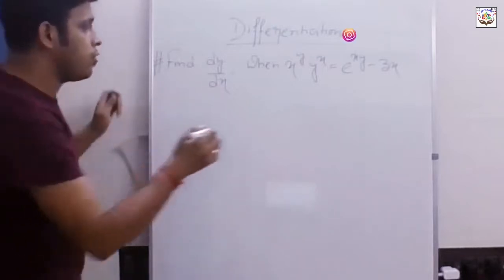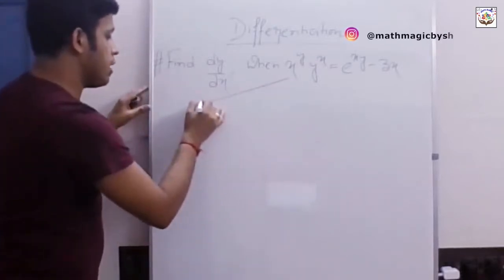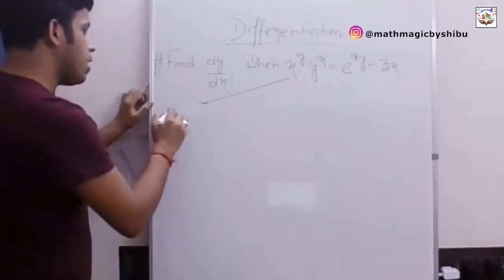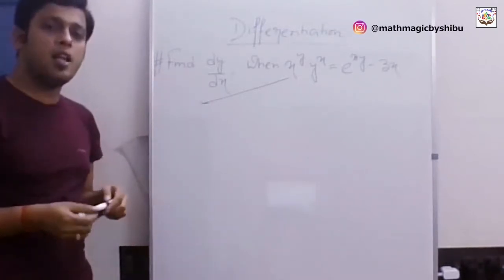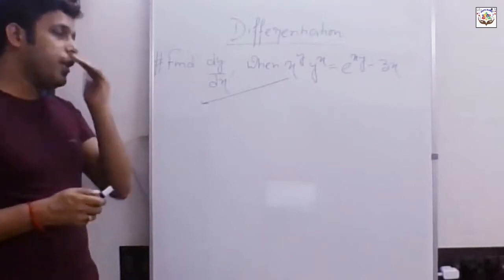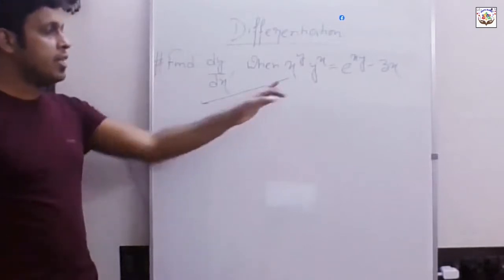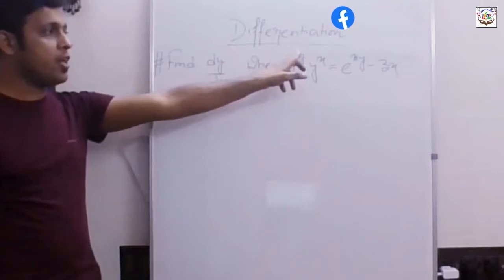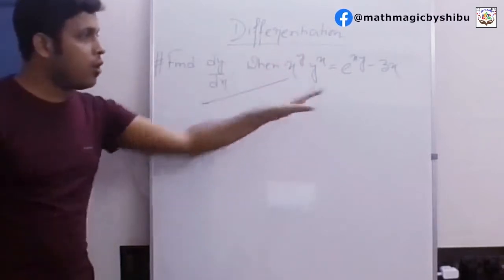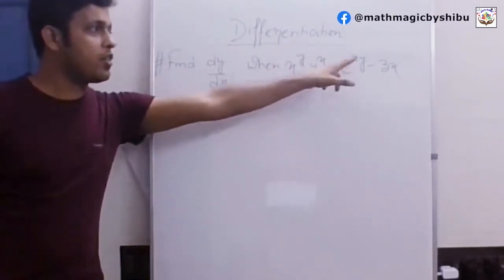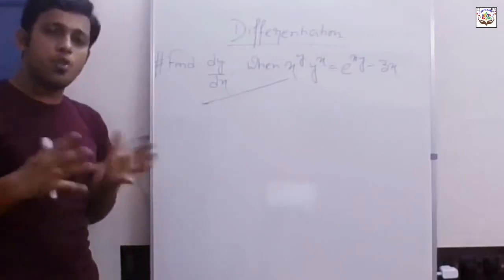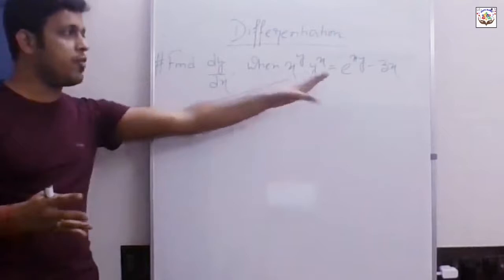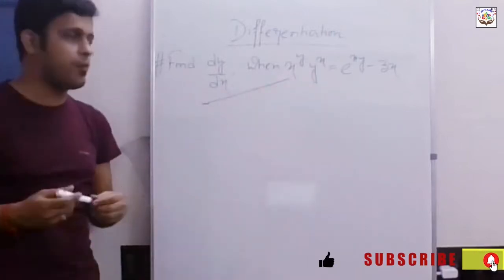Now, from this expression, what we can write: if you remember in my last session, I told that whenever you see any function to the power function, this kind of form, or e to the power xy, this kind of form, we will try to impose log on both the sides to simplify this kind of expression.